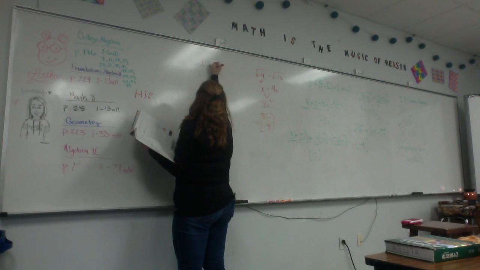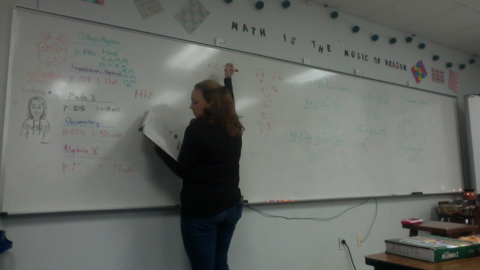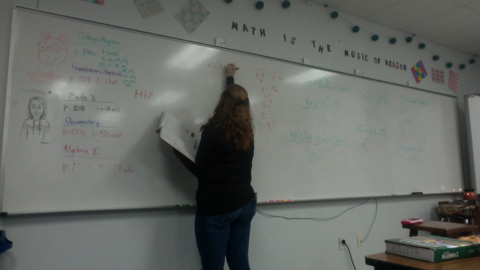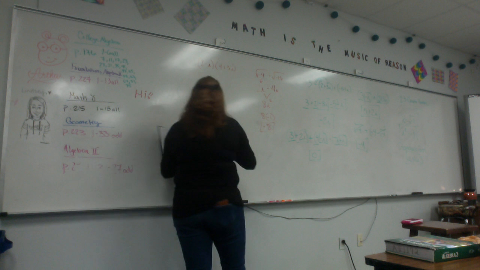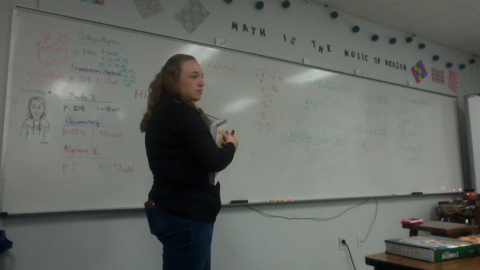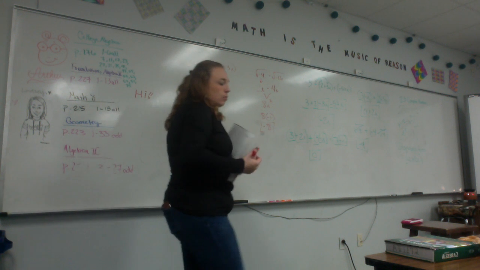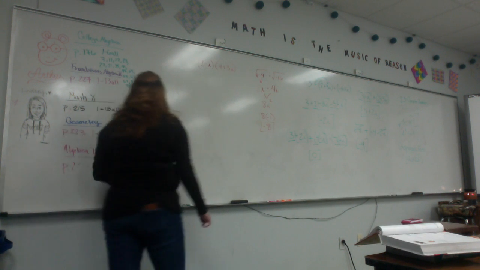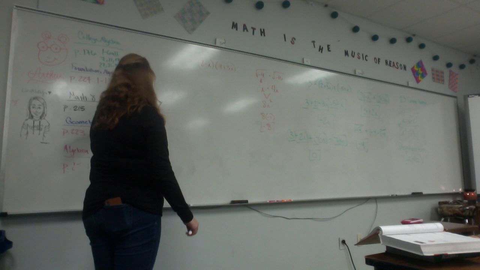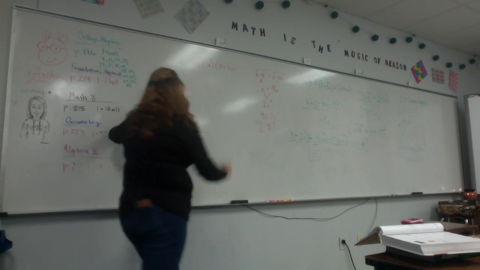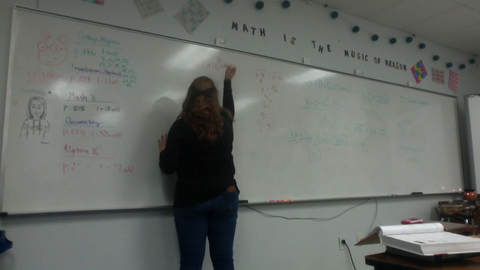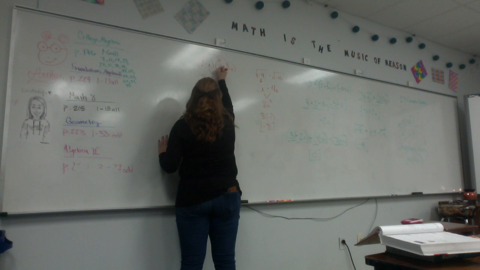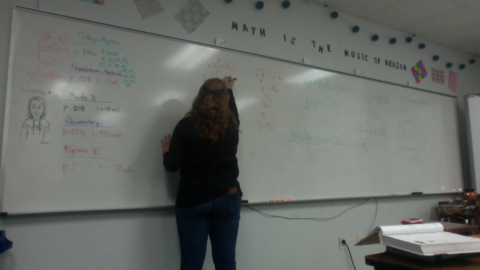How would you solve this? (2 minus I) times (4 plus 3I). How would we solve that? What do you do? What's that thing called? Foil. Beautiful. What's 2 times 4? 2 times 3I. Negative I times 4, negative 4i.